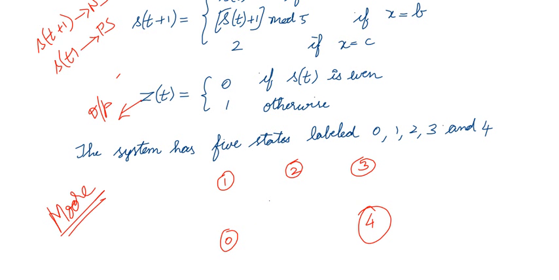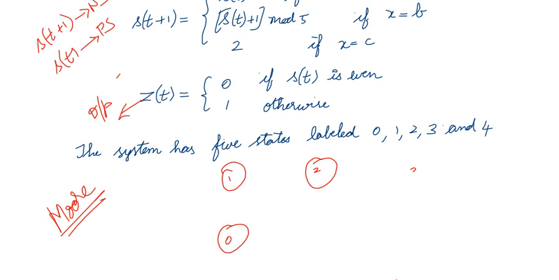Okay. So what I am going to do is, I am going to modify this. Let me put it as 0. That is the state. 1, 2, 3, 4. So 0 to 4 are the states. Remember, when the state is even, it is 0.